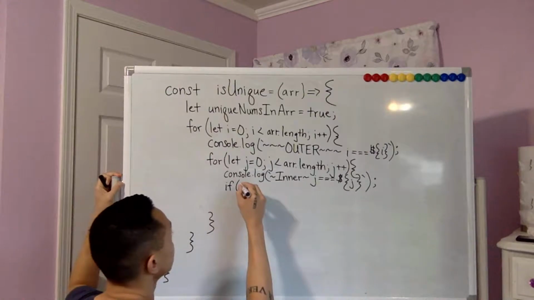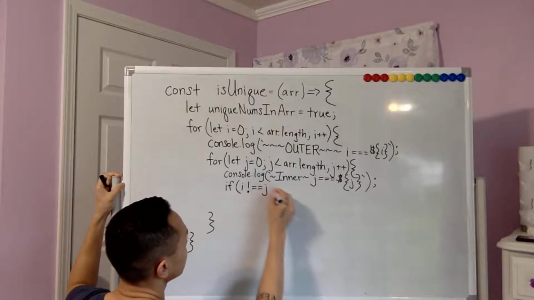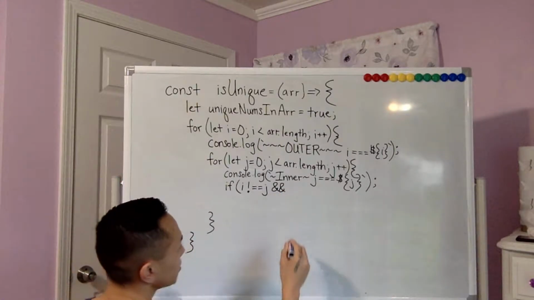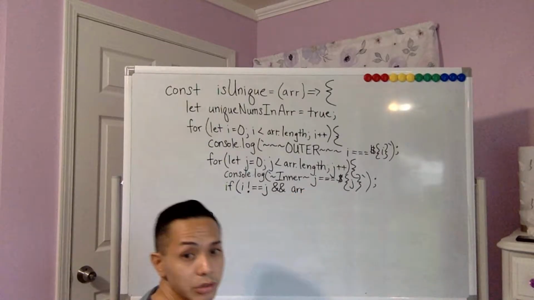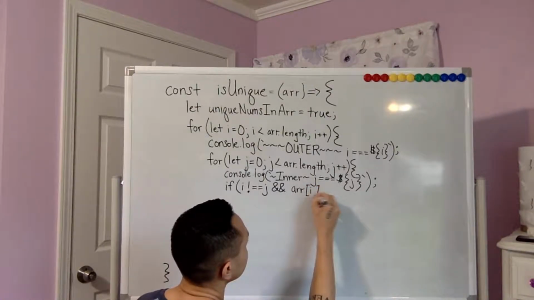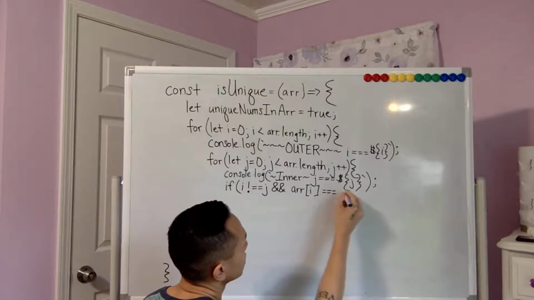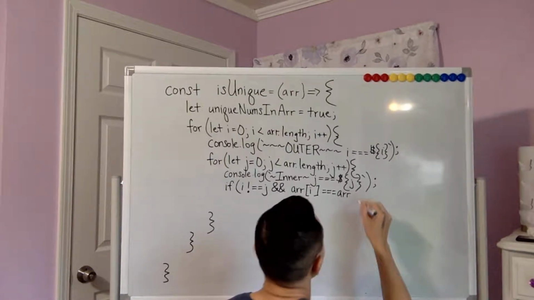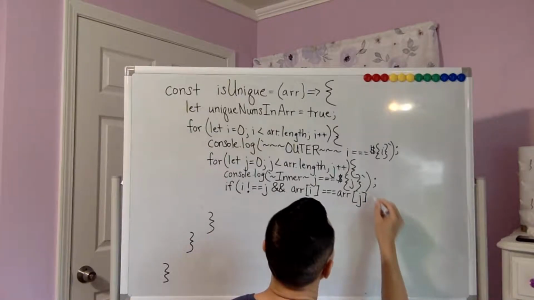If i is not equal to j, and here's my double ampersand there, and the value of array at the index of i is equal to, we want to use a strict equals operator here, the value of the array at the index of j.